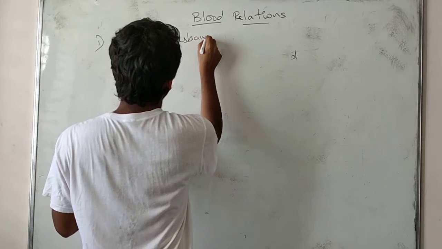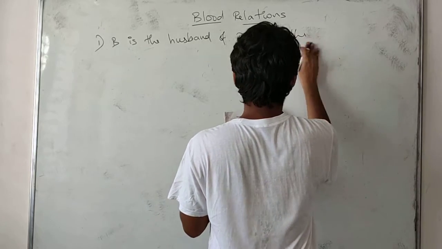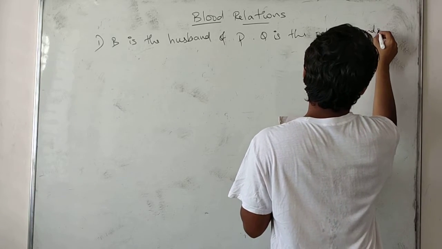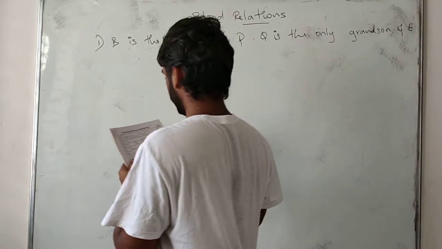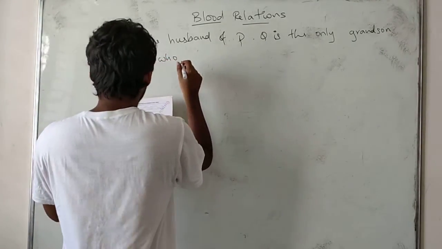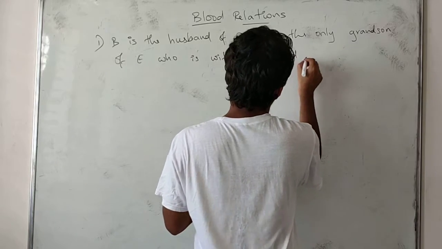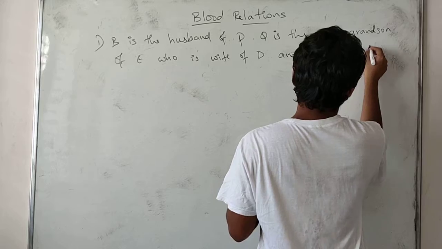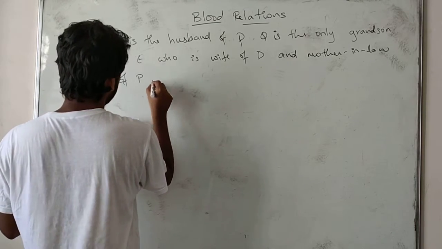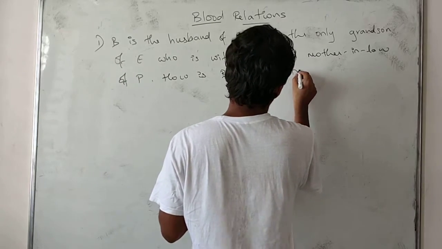B is the husband of P. Q is the only grandson of E. Who is the wife of D and mother-in-law of P. How is B related to D?